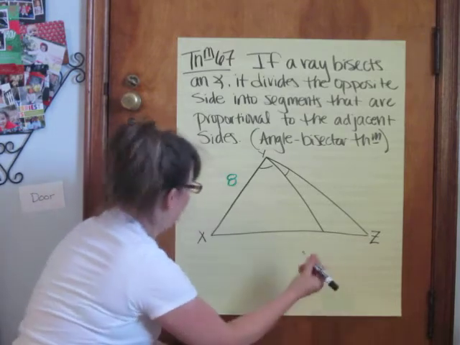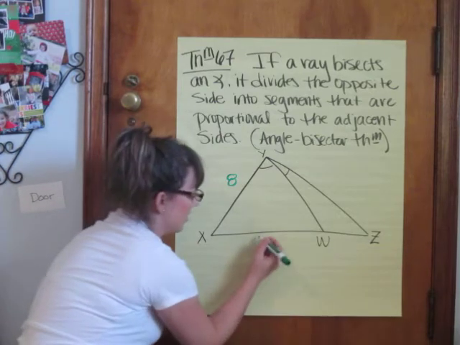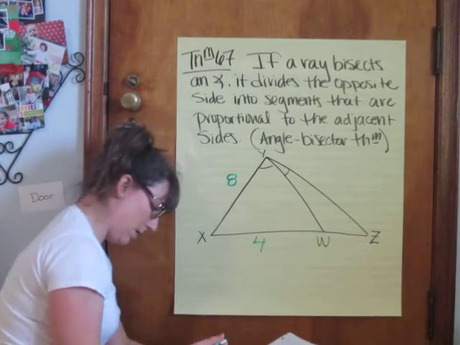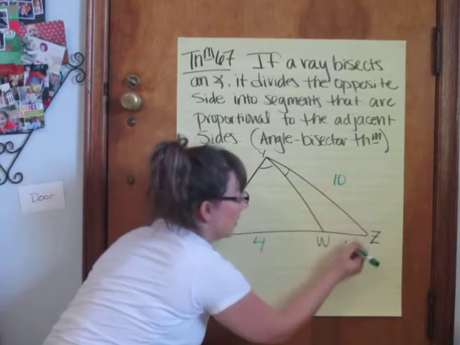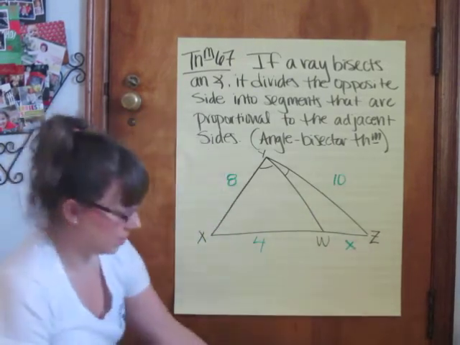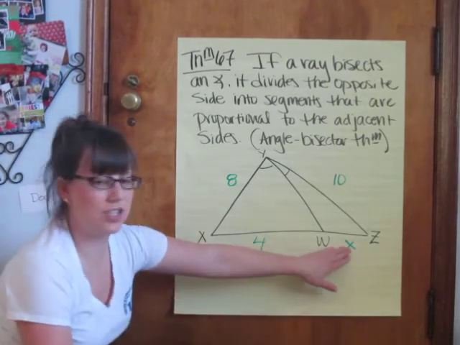Let's put another letter in there. W. XW is 4. YZ is 10. And I want to solve for X. I guess I should have used some other variables.